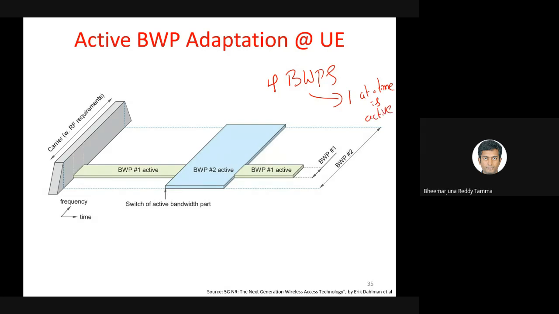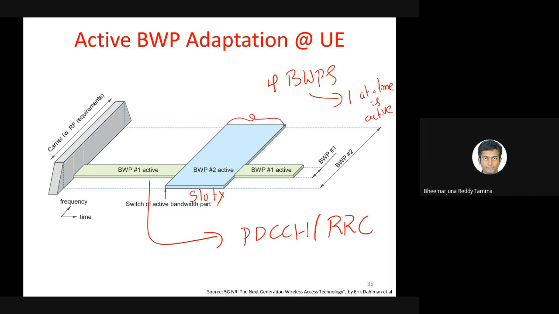So this is an example showing two bandwidth parts. One is wide band and the other one is narrow band. Initially, the user is using bandwidth part one, which is the narrow one. After a while, using the PDCCH or even dedicated RRC messages, the base station can inform the user that from this slot onwards, let's say slot X, you can start using bandwidth part 2, which has more resource blocks in the frequency domain, and it can also inform the time duration.